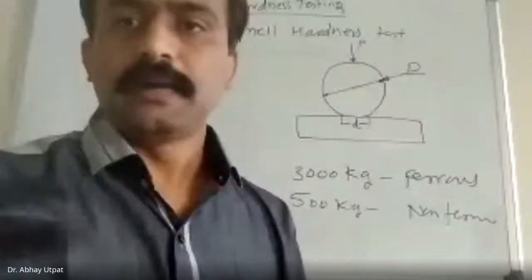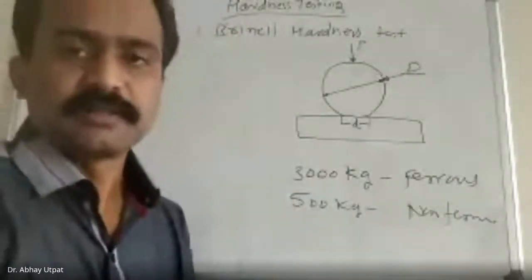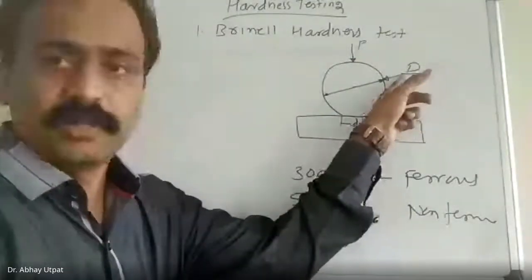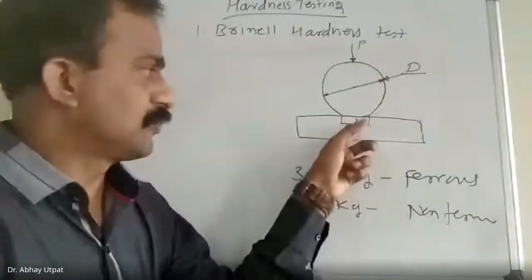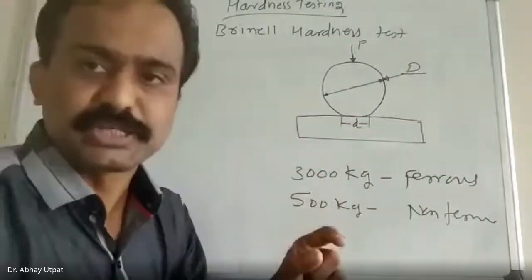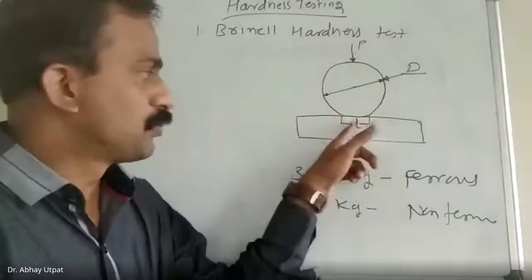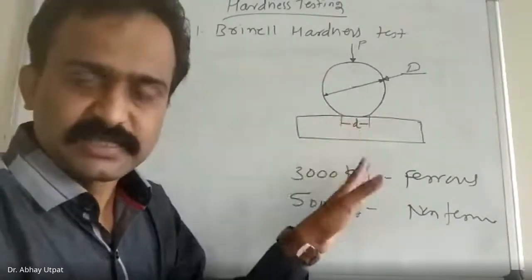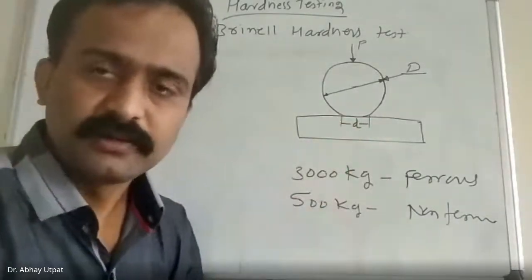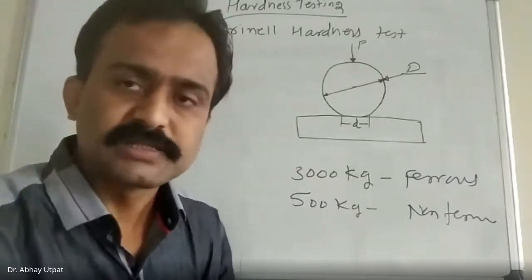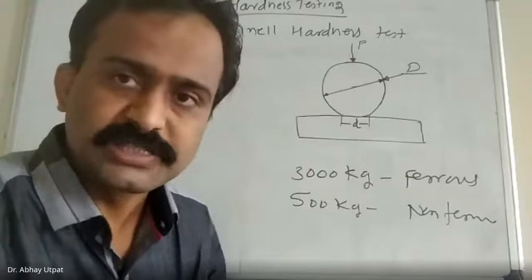Now I am asking a simple question. The 10 mm ball is pressed on the specimen, which gives small d as an impression on the specimen. Tell me, if small d is less, hardness will be? Please give answer on logic base.